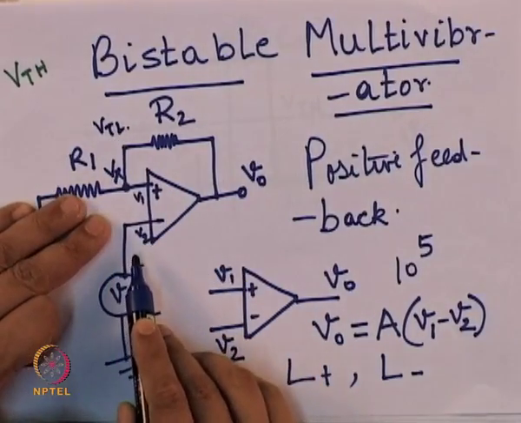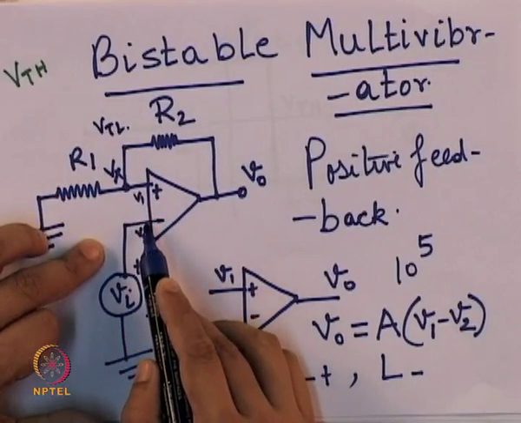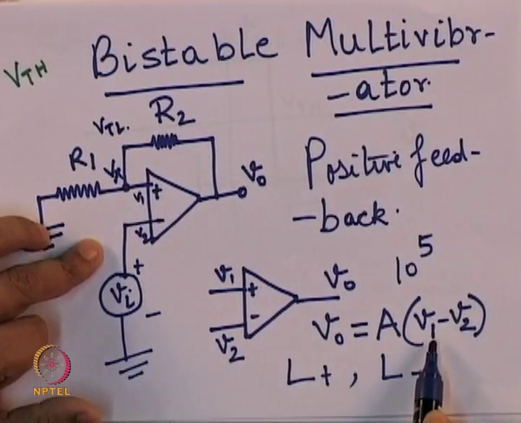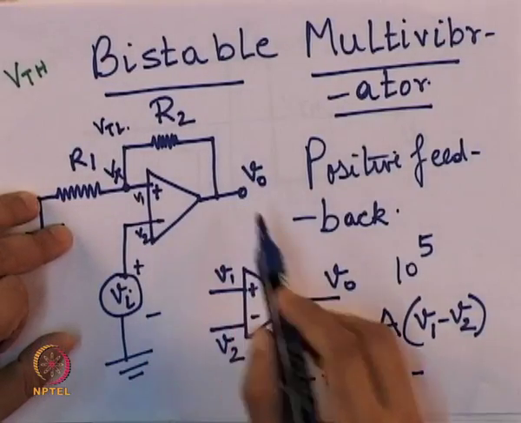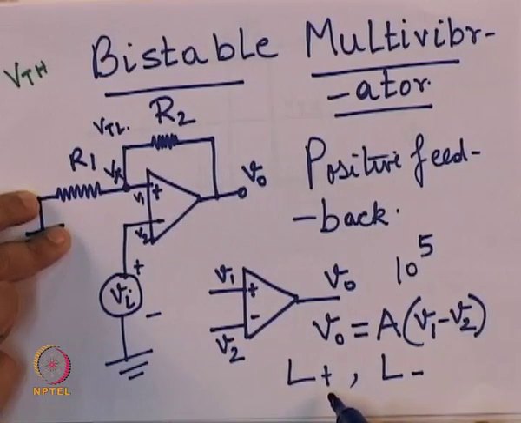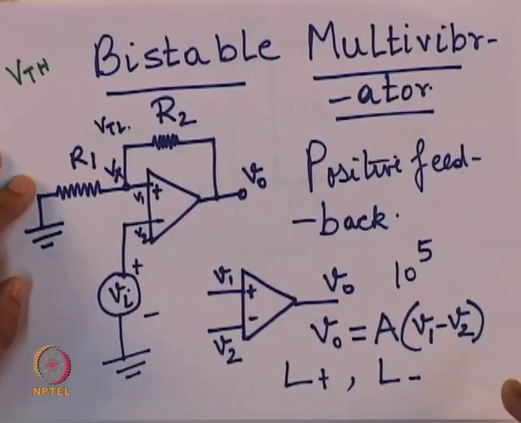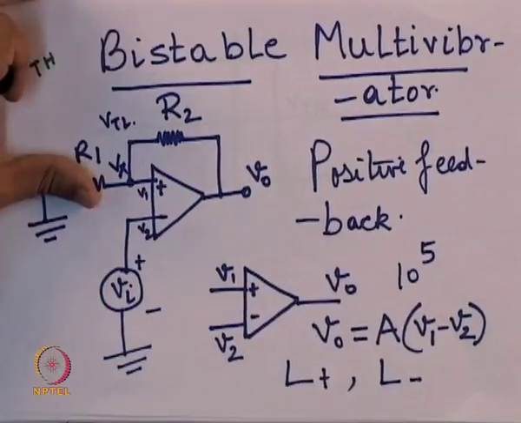But when Vi becomes more negative than VTL, then V1 minus V2 becomes positive, and once V1 minus V2 becomes positive, V0 will go to the upper saturation voltage L plus, and so there will be a transition from L minus to L plus for V0.